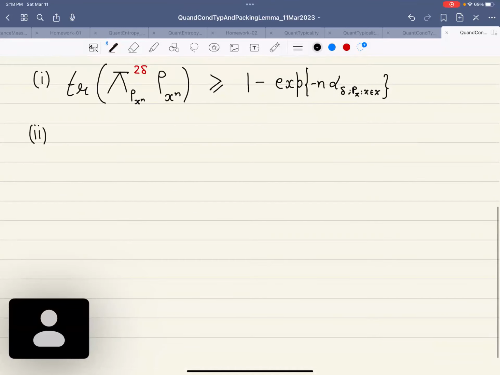Two, we have the following. The dimension of this conditional typical subspace, which is also equal to the trace of the projector pi rho x^n delta. You can write delta here, that's fine.